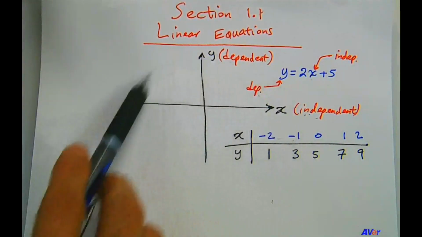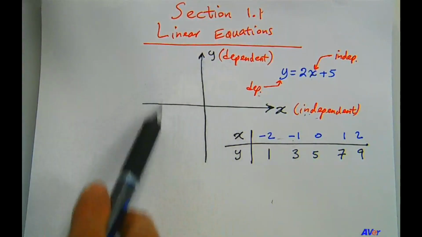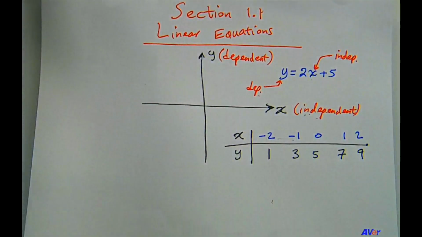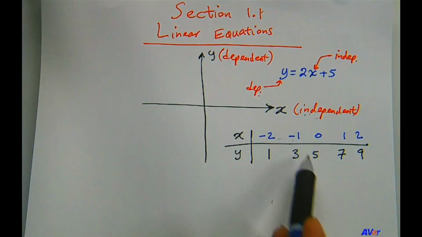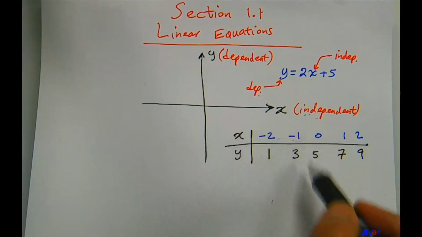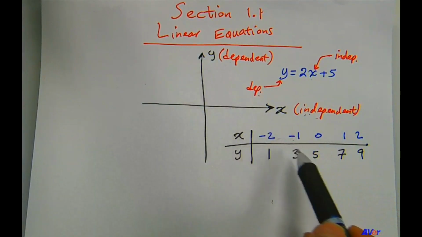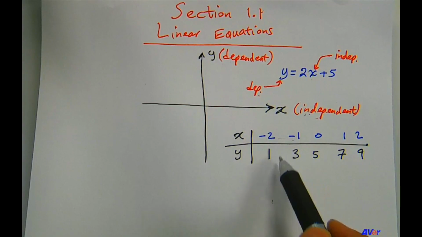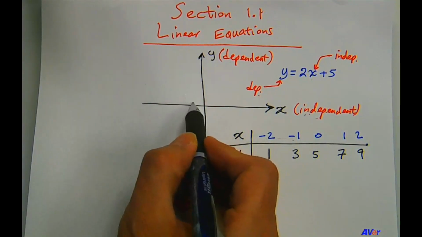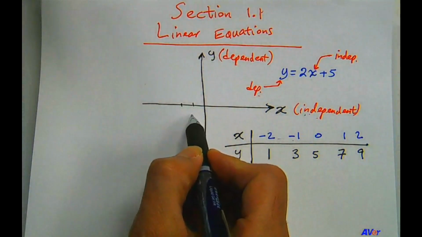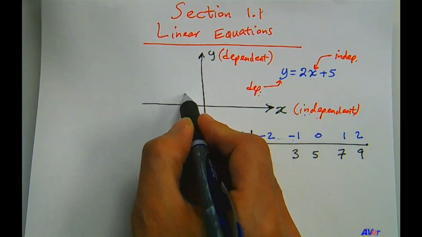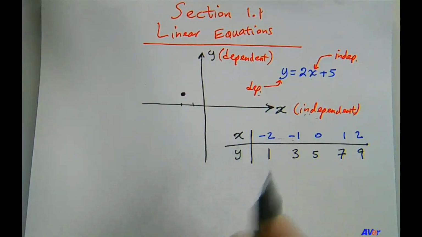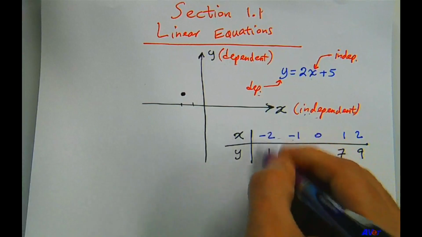So this axis represents a platform, actually. I should plot a couple of points here. So let's say -2, 1, and that point would be here.